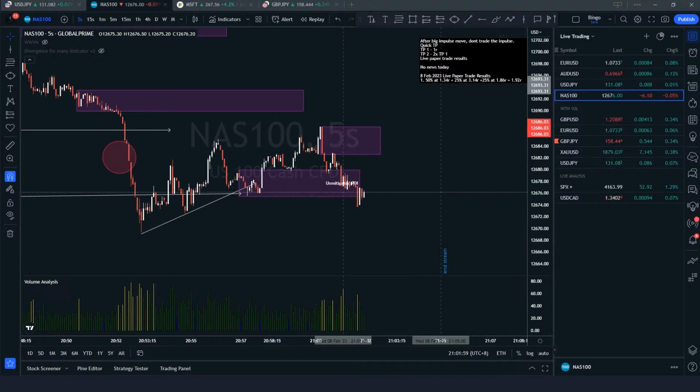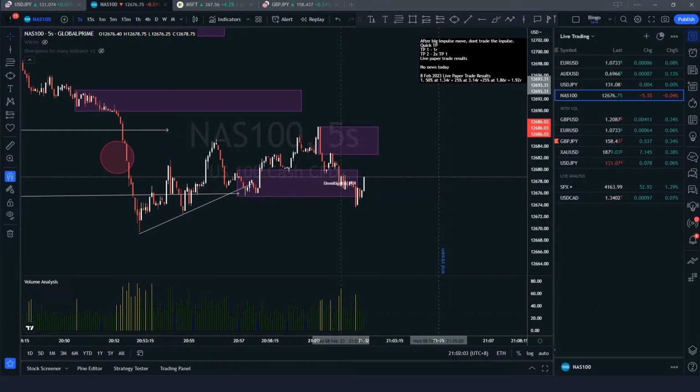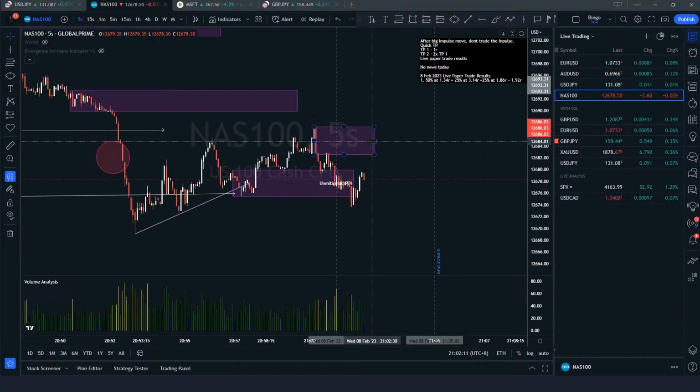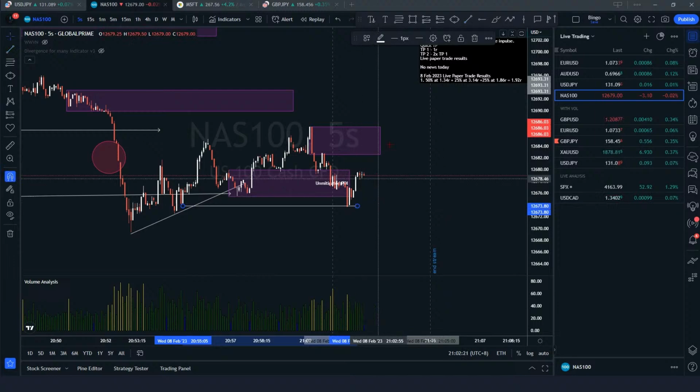So we have grabbed liquidity. Did we? Okay, with liquidity grab over here.